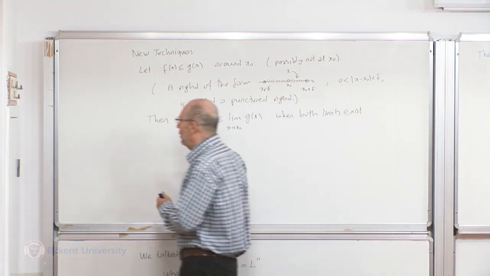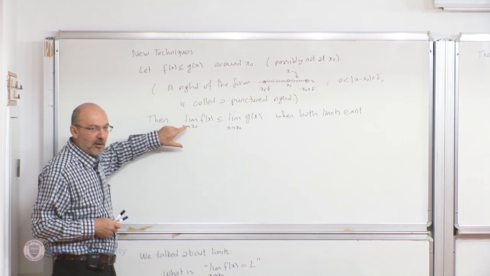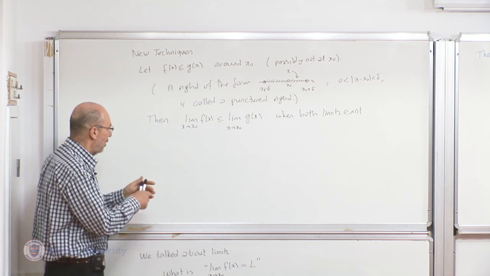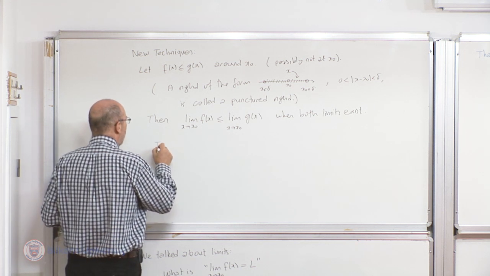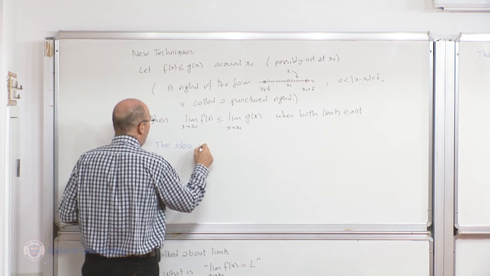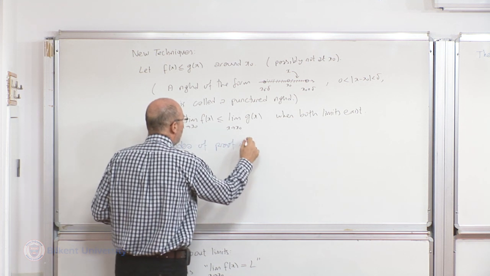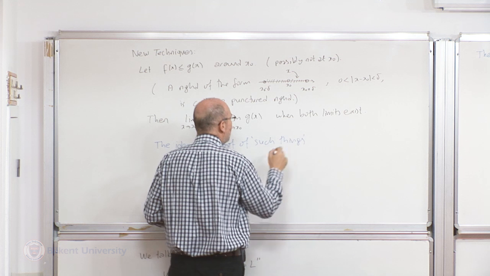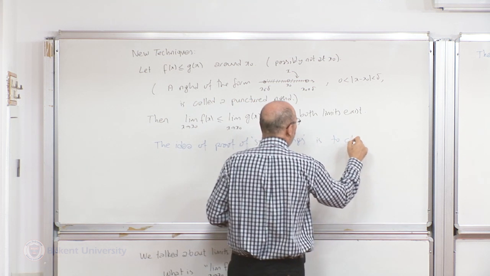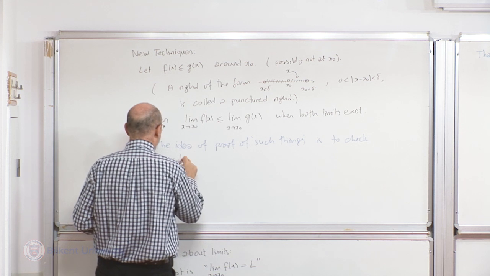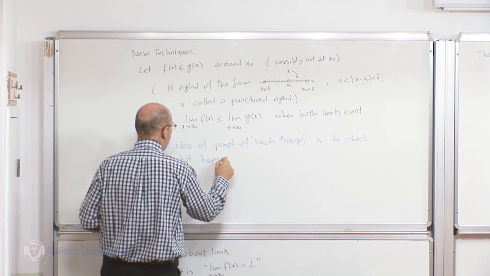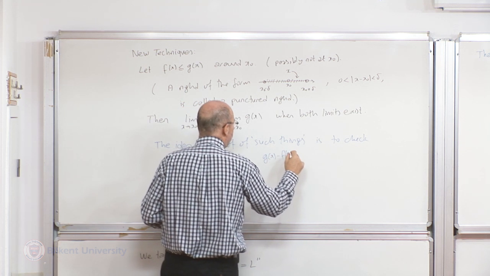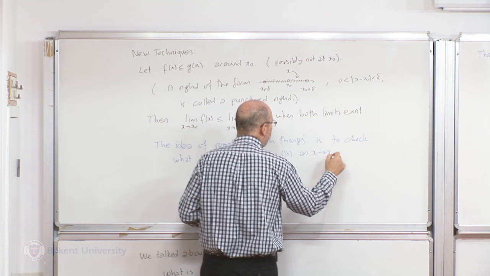To prove such a thing, well, we are not interested in the proof, but the idea in the proof is something that we also use sometimes in the problems. The idea of proof of such things is to check what happens to, say, g of x minus f of x as x approaches x sub 0.